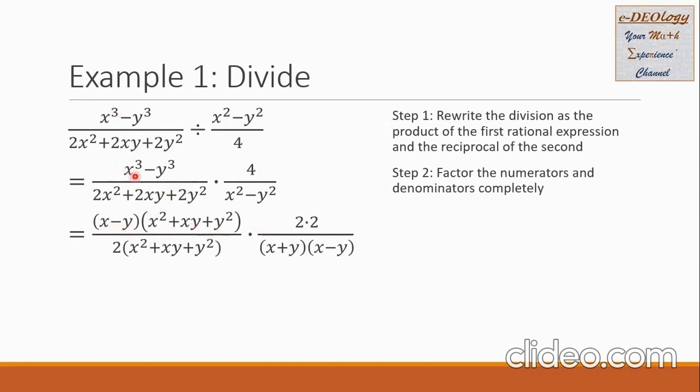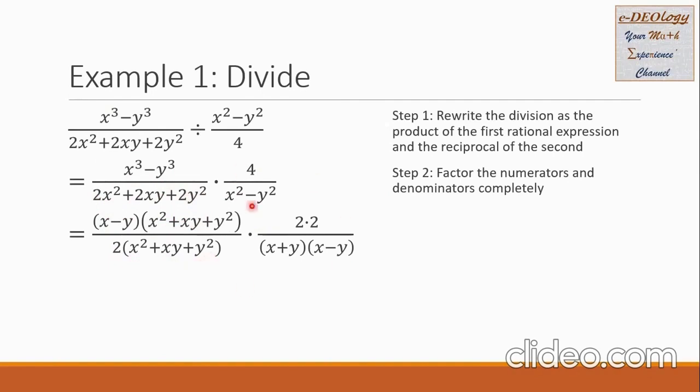If you are not familiar with the factors of the difference of two cubes, please check again our video about factoring of two cubes. In the denominator, there is a greatest common factor of 2, so we move the common factor out. So what remains in the trinomial is now x squared plus xy plus y squared.